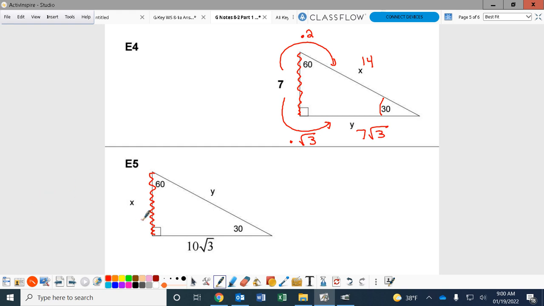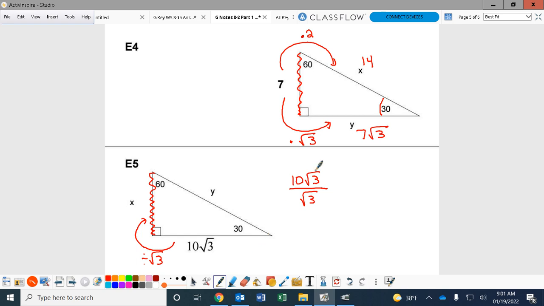From there, we are going from the long leg to the short leg. When you go between the long leg and the short leg, you have got to divide by the square root of 3. Now this one is unique. I did this one because it's on the homework as well. When you set up 10 square roots of 3 divided by the square root of 3, you do not have to go through and multiply by the radical 3, because what happens?